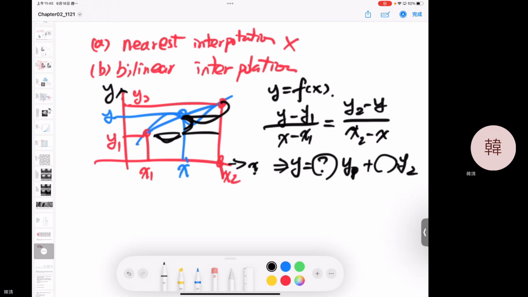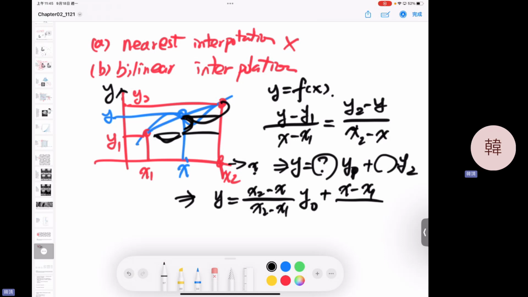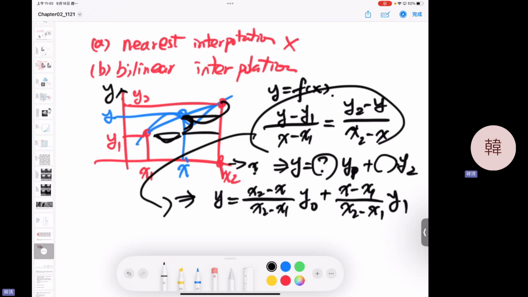So you just manipulate this function, cross multiply, and then summarize together. Actually, the answer will be y equals (x2 minus x) divided by (x2 minus x1) times y0, plus (x minus x1) divided by (x2 minus x1) times y1. Okay, from here you can derive it easily.